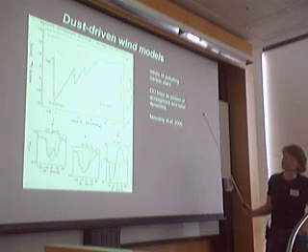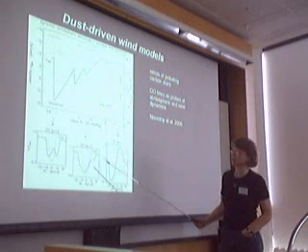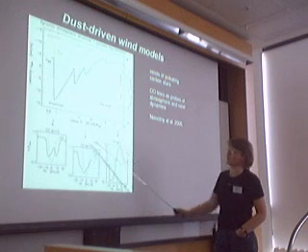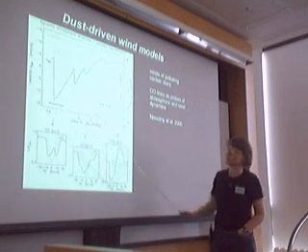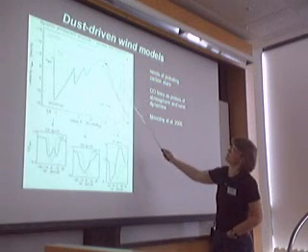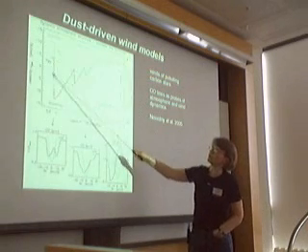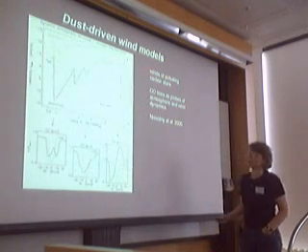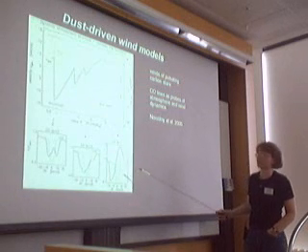Rotation-vibration lines of carbon monoxide. And if you look at different modes, fundamental, first overtone, second overtone, for instance, they are formed in different parts of the wind or the dust formation zone or the pulsating atmosphere, and they show very different Doppler profiles. The green curves are without taking the velocities into account.